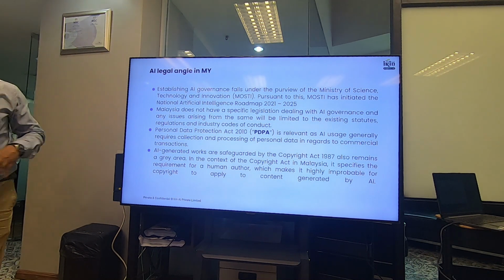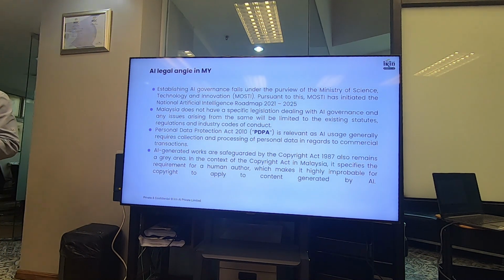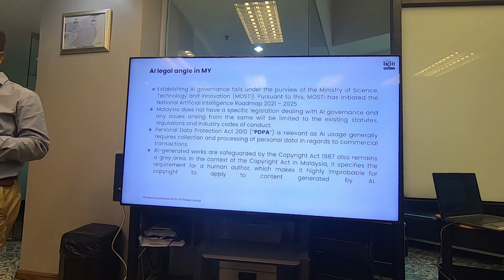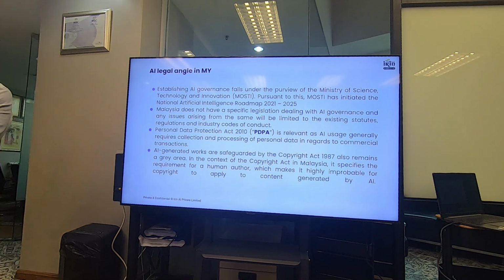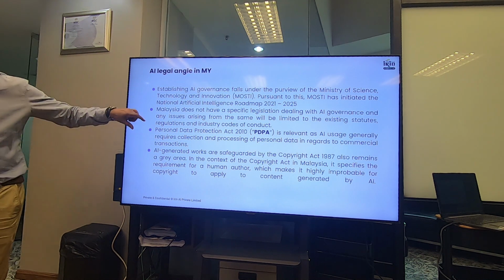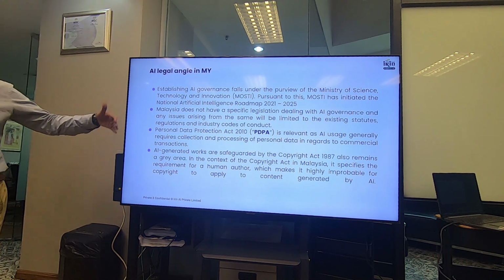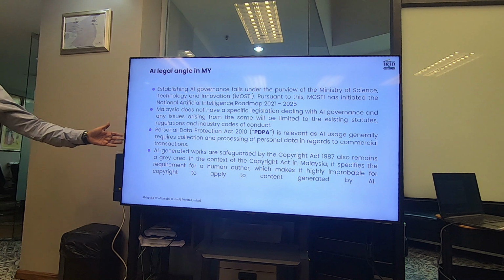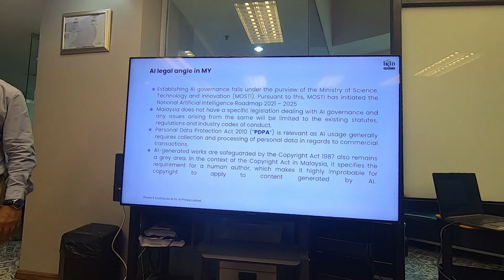In Malaysia, right now there are no AI-specific laws to counter, let's say, model deficiencies and AI system failures. What you still have are the prevalent two or three laws. First is the PDPA, the Personal Data Protection Act.